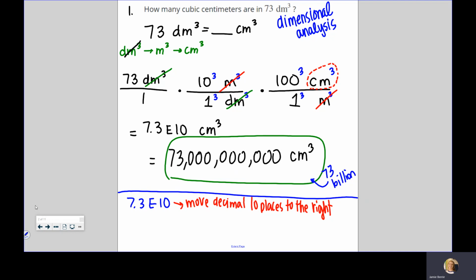I had one more thing I wanted to show you about the scientific notation. Another way it can pop up, it may say something like this, 7.3. The 7.3 could be any number, but let's just use this for our example. 7.3 E negative 10. That means move the decimal 10 places to the left.